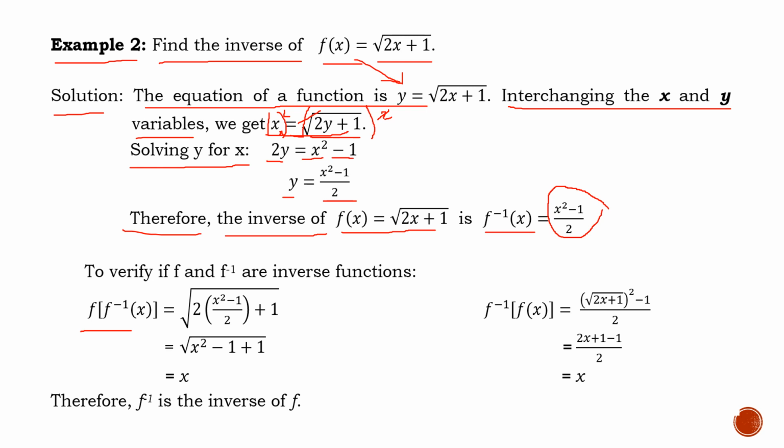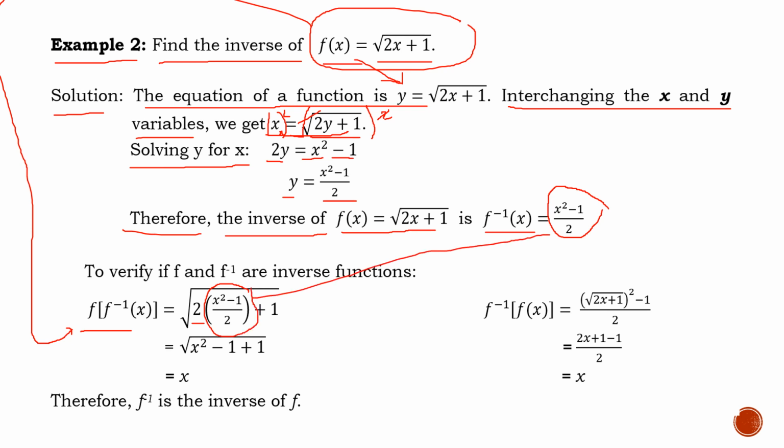That's why if you try to look at this f of x in your original function, then moving forward with this one as your pattern, we copy your 2, then your x squared minus 1 over 2 here is the value of your inverse function.